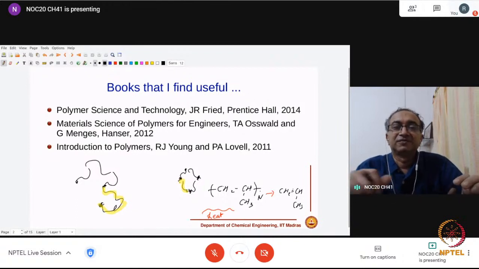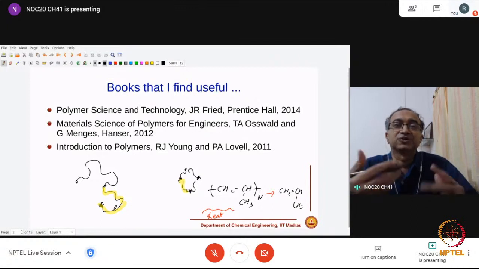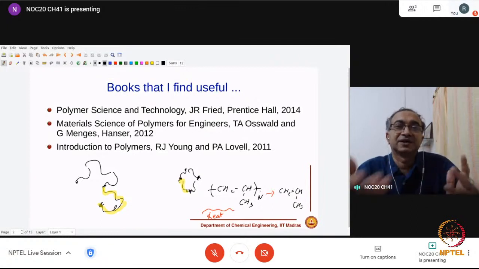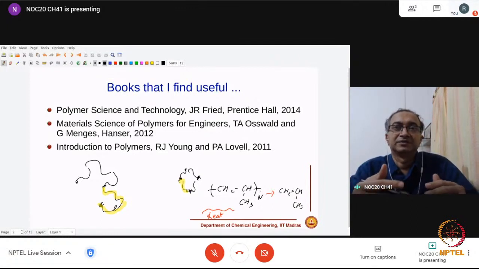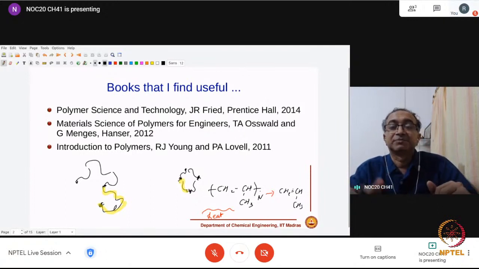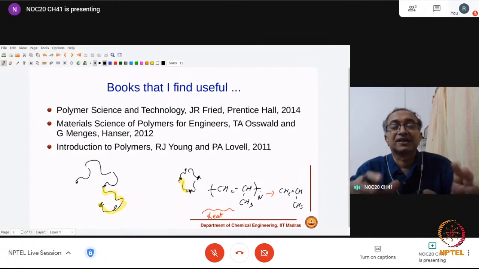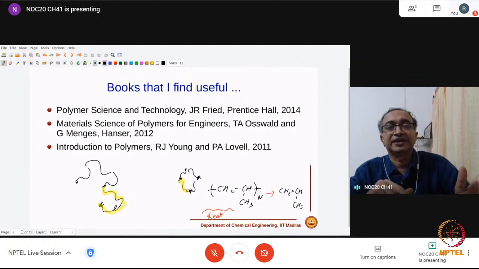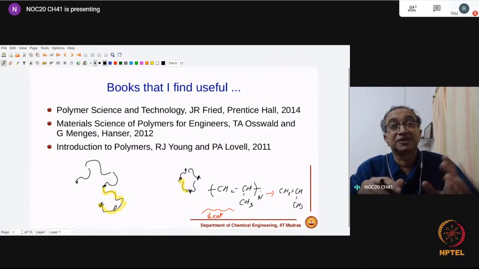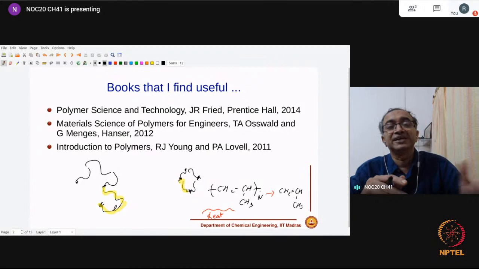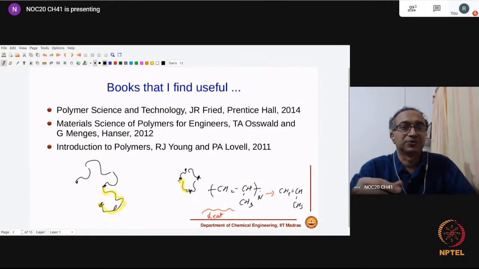But this kind of depolymerization doesn't happen for many of the polymers, because when you're trying to do a thermal process, if there is, let's say, small amount of oxygen present, then oxidation may happen. Sometimes pyrolysis reaction may take place. So there are several other possible reactions which take place. And therefore, while you're trying to depolymerize and recover the monomer, you will end up getting several other molecules also.